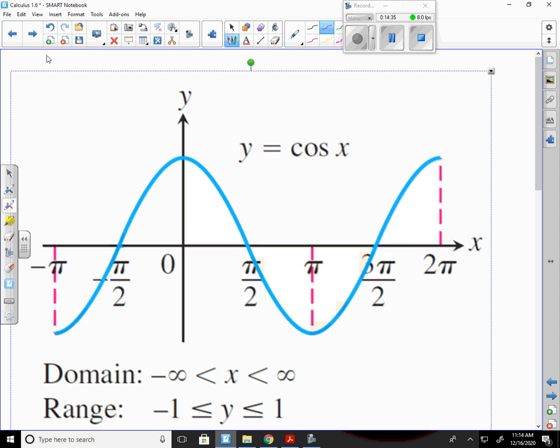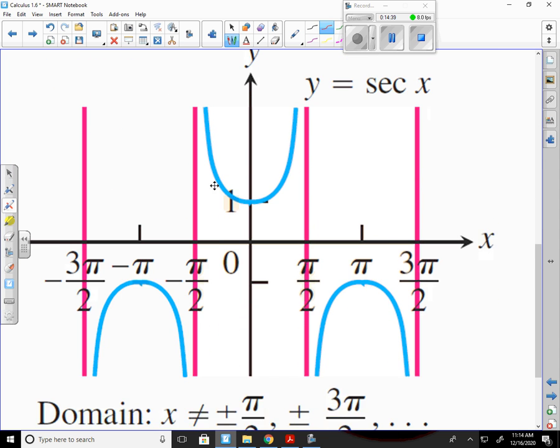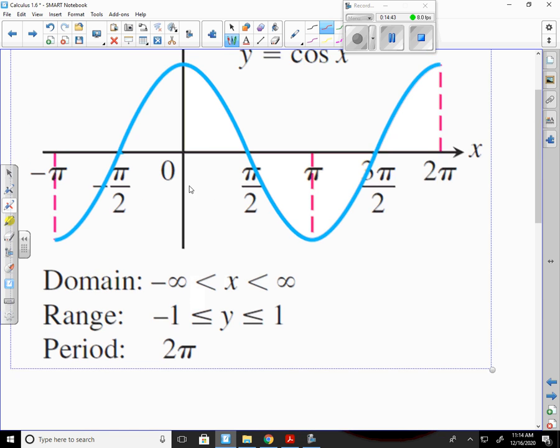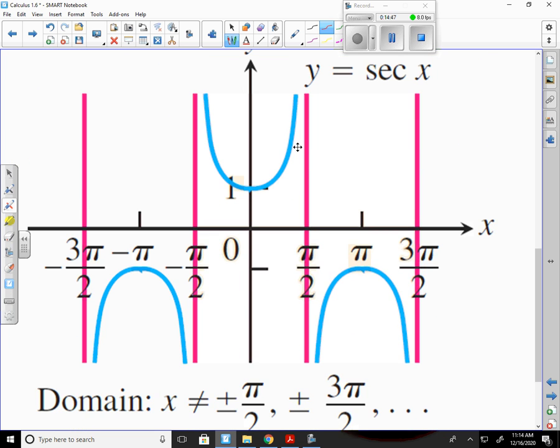I may have forgotten the, yes I did. With the cosine is the secant, and remember that the secant is 1 over the cosine. And so when I look at this, my domain is going to be the same areas.